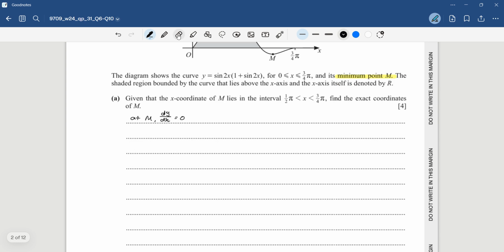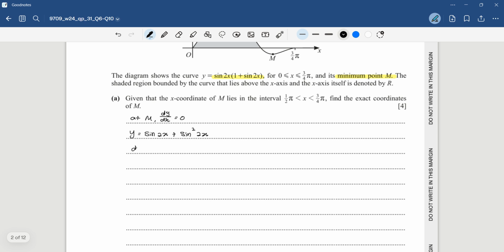You can notice the function here is actually a multiple of sine and sine. You can use the product rule if you want, or if you don't want to, you can directly multiply in and differentiate. So let's multiply in: y equals sine 2x plus sine squared 2x.